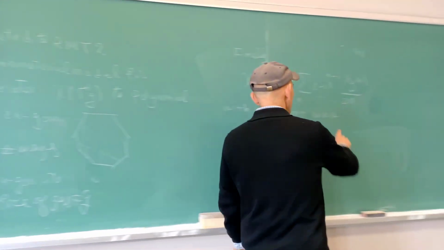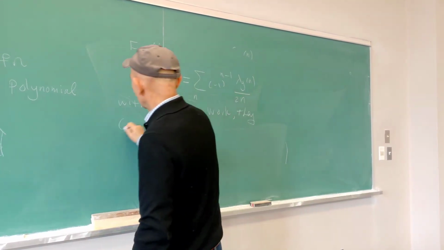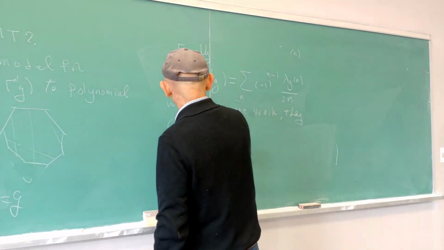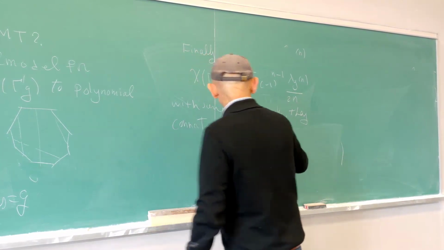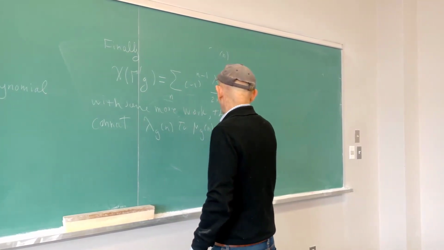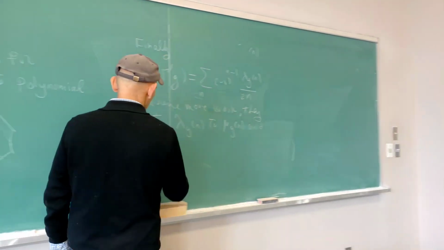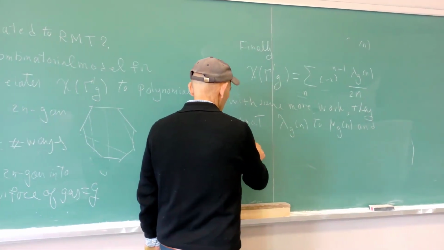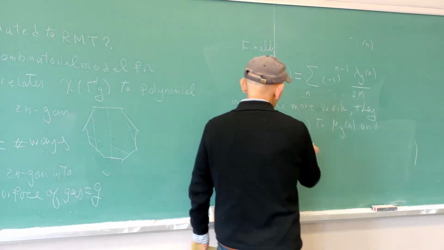Okay, first of all, they connect lambda_{g,n} to mu_{g,n} and mu_{g,n} to epsilon_{g,n}. This part is not so bad.